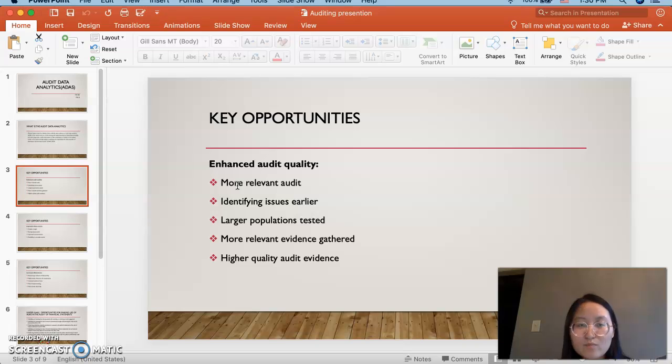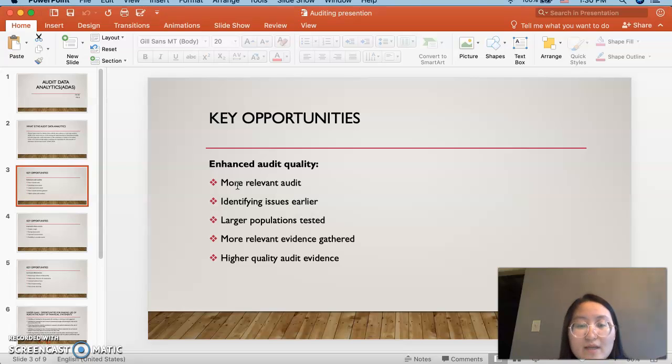And since more time is spent focused on the areas where greater risk is detected, a better and more sophisticated risk analysis, fraud identification, and monitoring is possible, enabling increased audit focus.